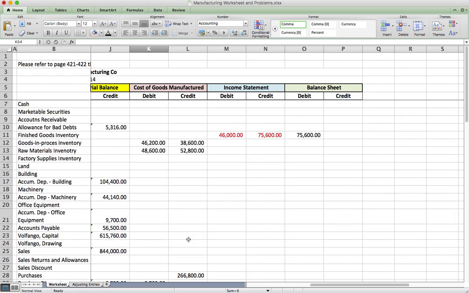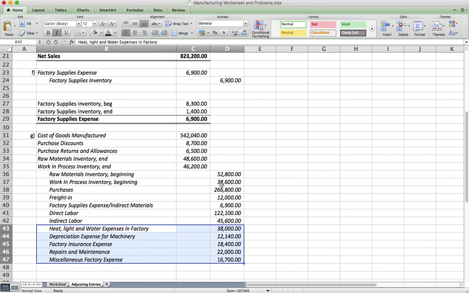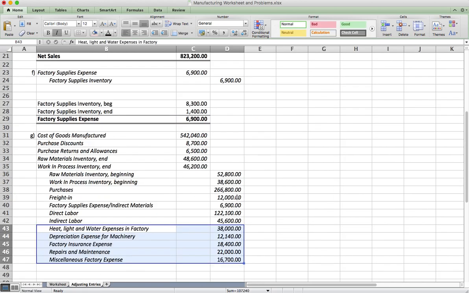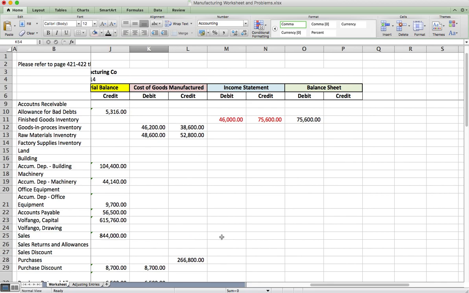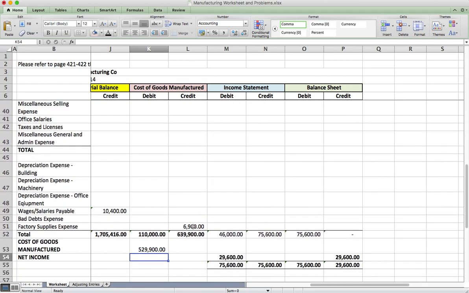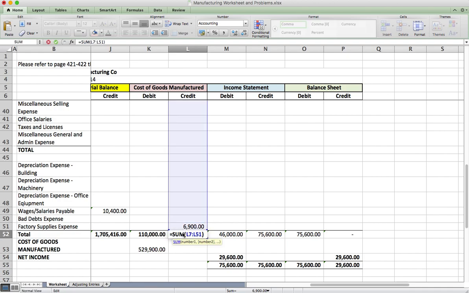Tingnan nga natin. Okay. 38,600. And then purchases, 266,800. Freight in, 12,000. Siguro hindi nasama ito. Tingnan natin.